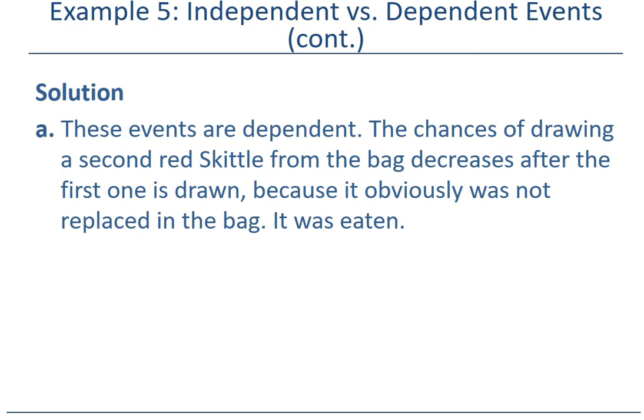Taking that first red one out reduces the overall number, so they are somewhat dependent. Now, of course, if it was replaced in the bag, the original one, then that would have been independent because you wouldn't have changed the overall numbers. But then you've eaten that first one, that makes it dependent.